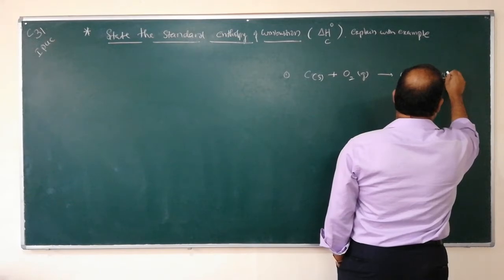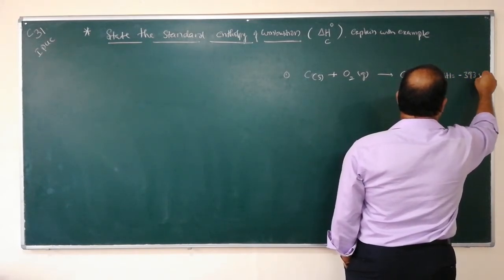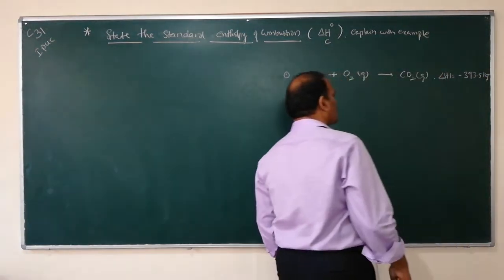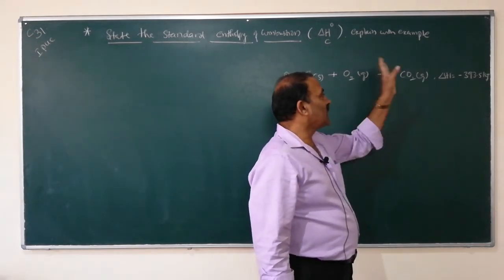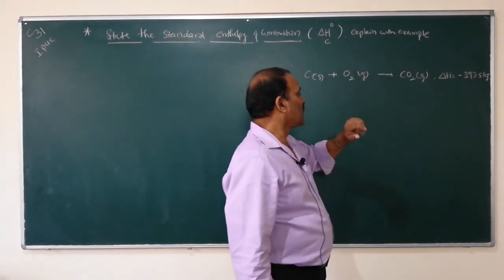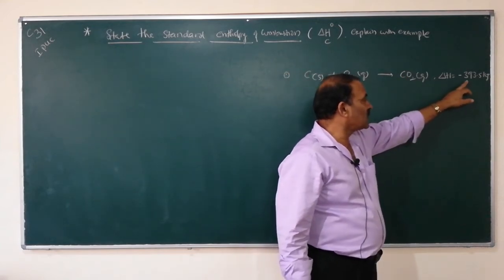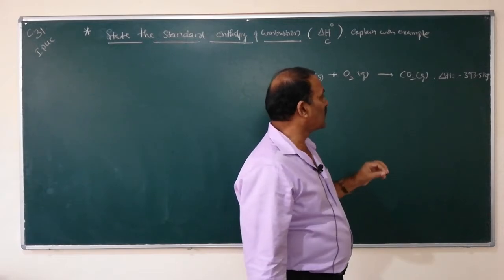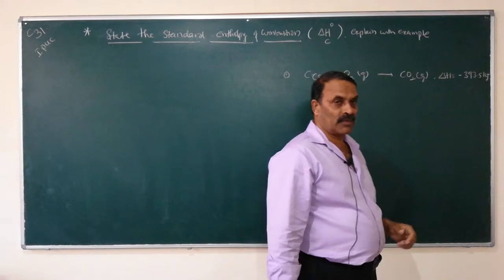So, what is delta H here? Delta H equals minus 393.5 kilojoules. So, here 1 mole of carbon dioxide is formed. So, enthalpy of formation of carbon dioxide is also equal to minus 393.5 kilojoules. It is also equal to enthalpy of this reaction.